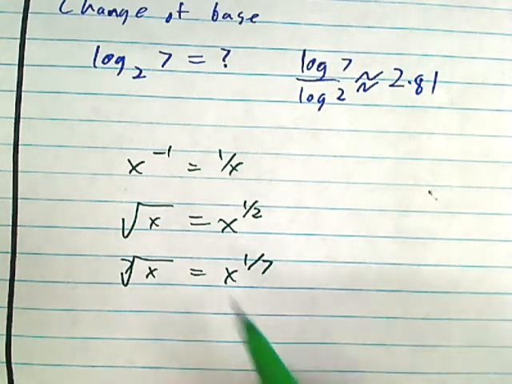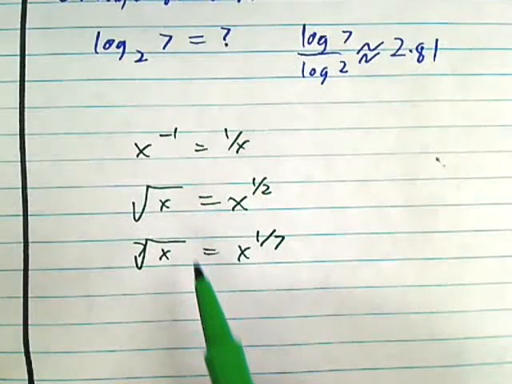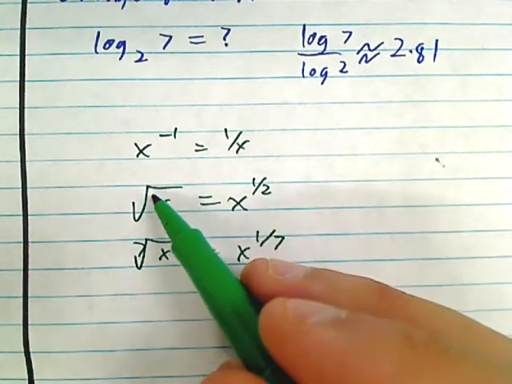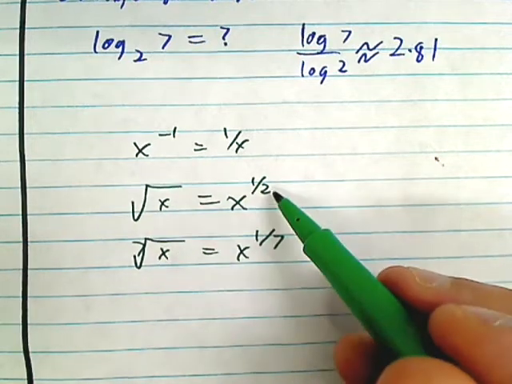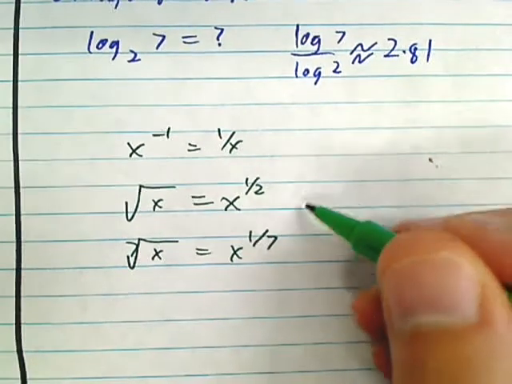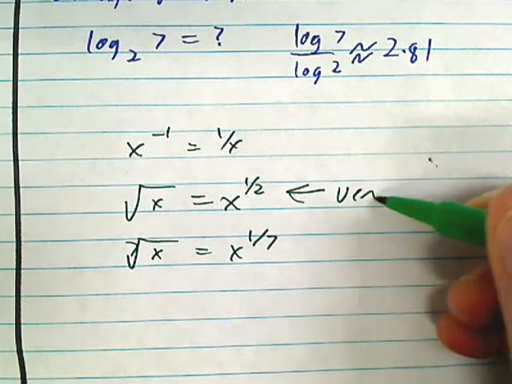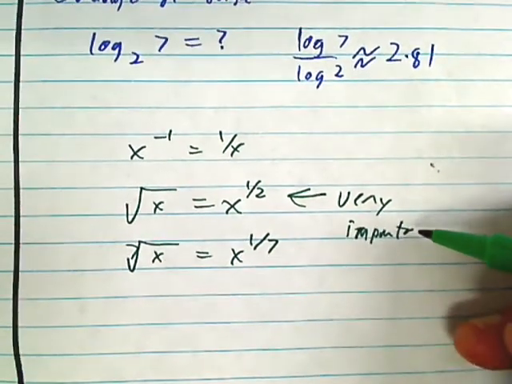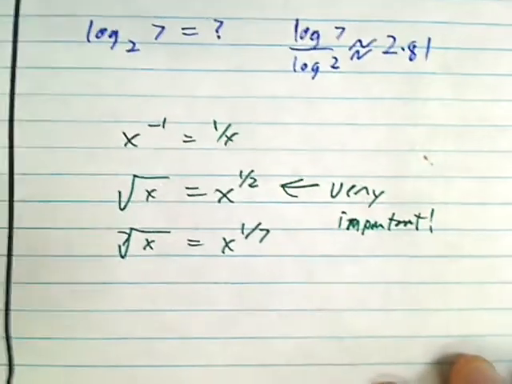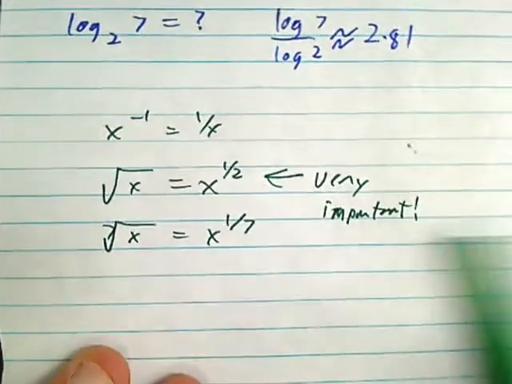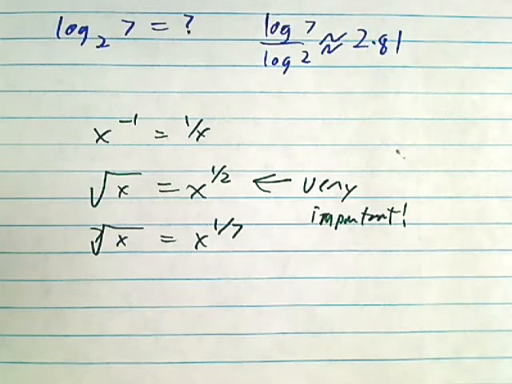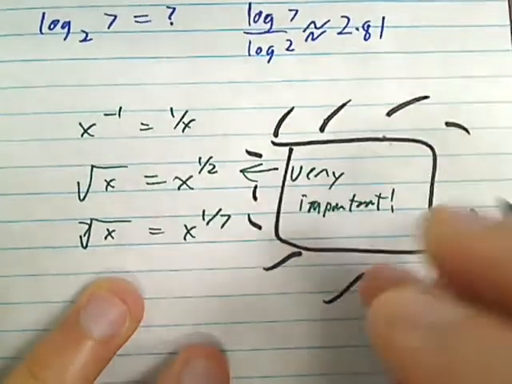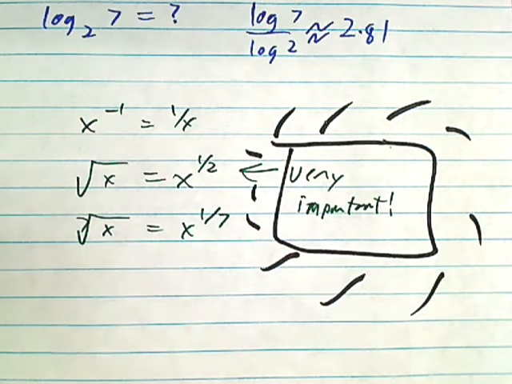Always keep these stowed away in your heart. When you see a 1/2 power, think square root, and when you see a square root, think 1/2 power. This one's incredibly important. Very important. Beautiful. And those are your notes for section 7.4.